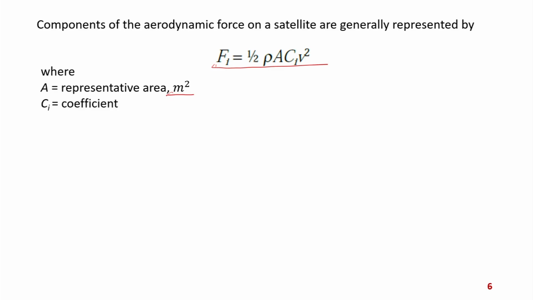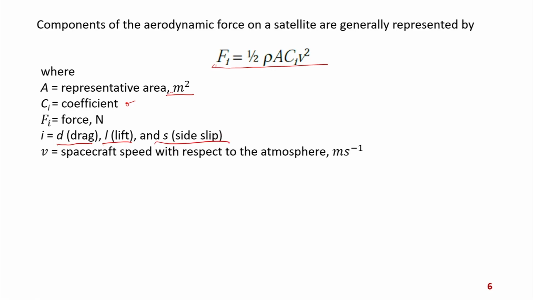C_i is the coefficient, which we will just write as a coefficient. F_i is the force in Newton, where i is d for drag, L for lift and S for side slip. V is the spacecraft velocity with respect to the atmosphere in meter per second, and rho is the atmospheric density, expressed in kg per meter cube.